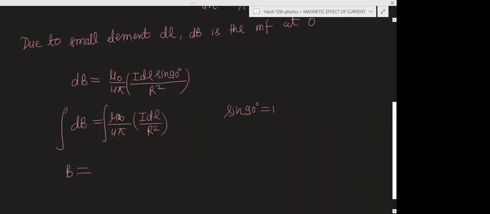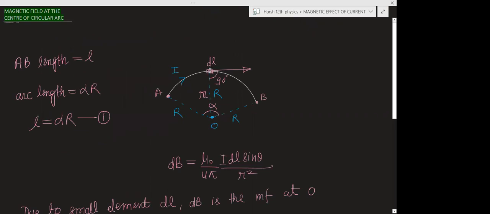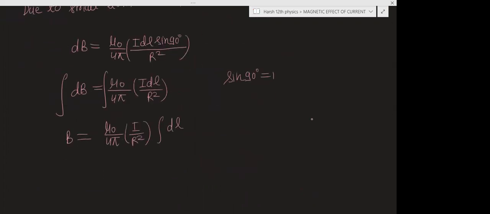Mu naught divided by 4 pi is constant, R square is constant, and I is constant. What remains is the integration of dl, which means the total length. Integrating dl means adding small elements of length from A to B, so you get the whole length L. So B finally is mu naught divided by 4 pi, I divided by R square, times L.